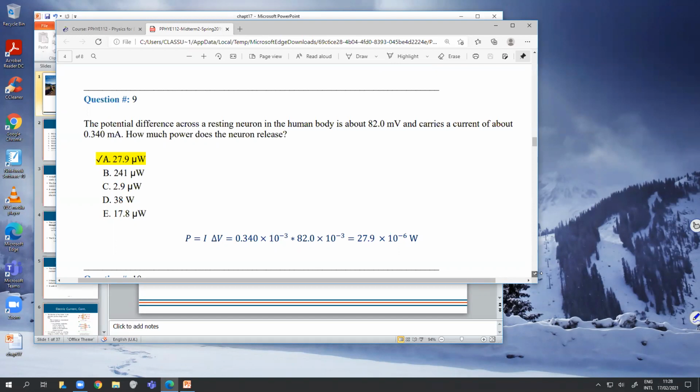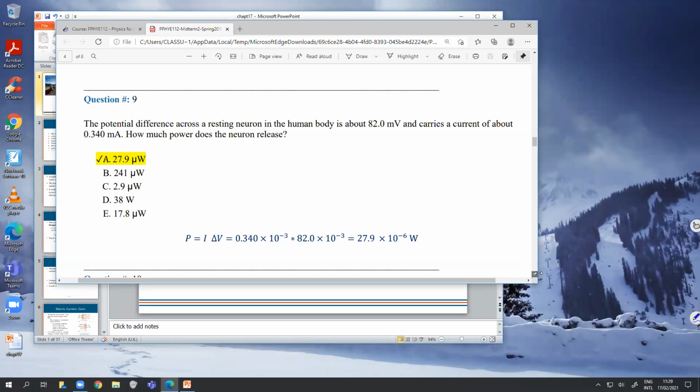You see, even our human body has electricity. Of course, our brain just functions with electricity. You have what you call the electrocardiogram for the heart, the EEG, electroencephalogram, for the brain.